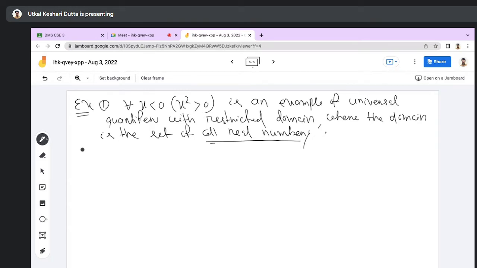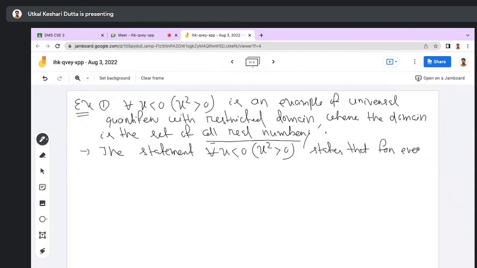Then this statement that is given, for all x less than 0, x square greater than 0, means for every x, x is any real number.